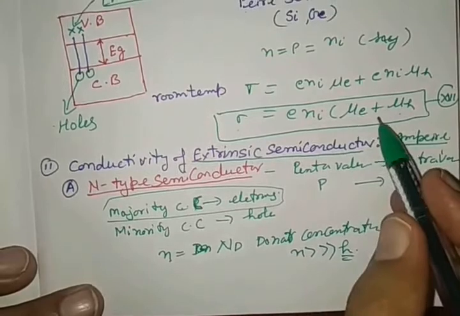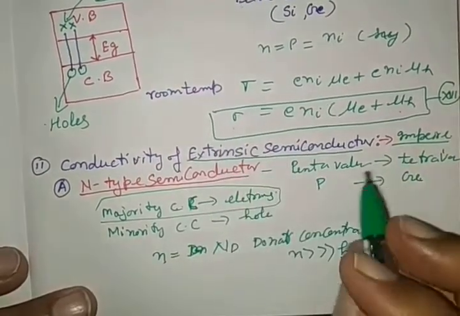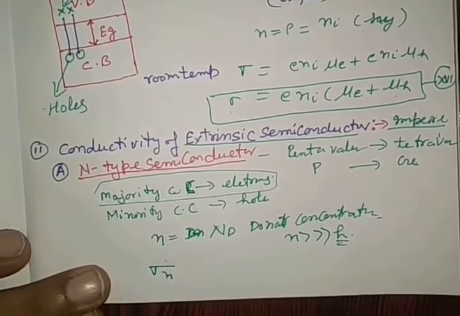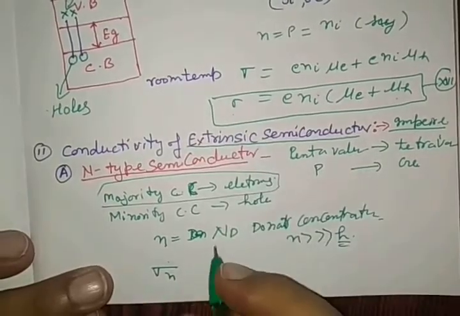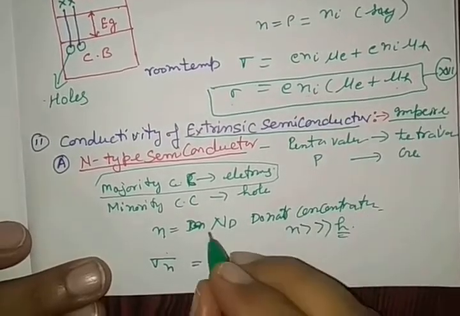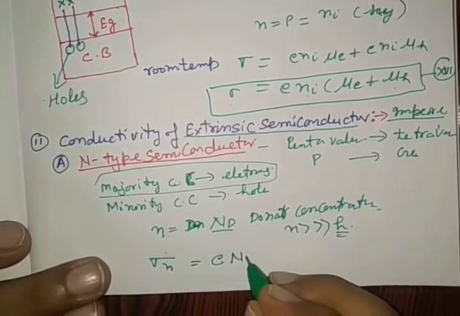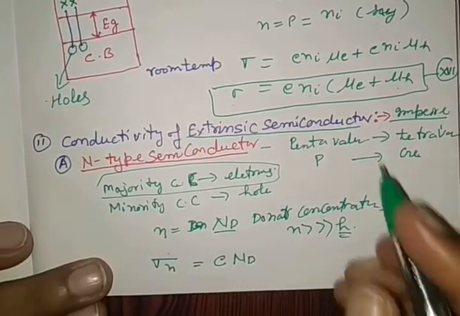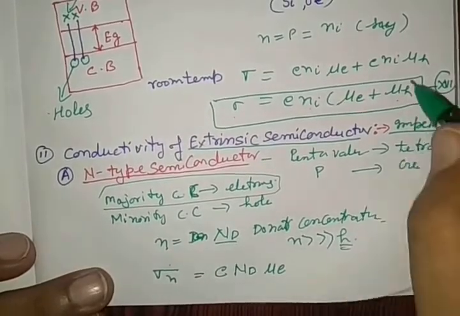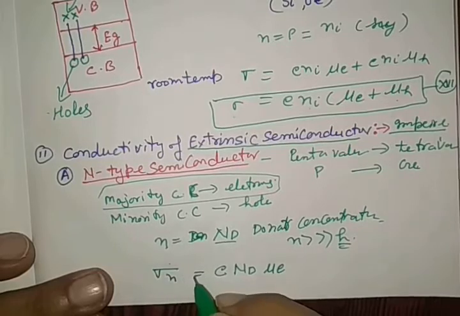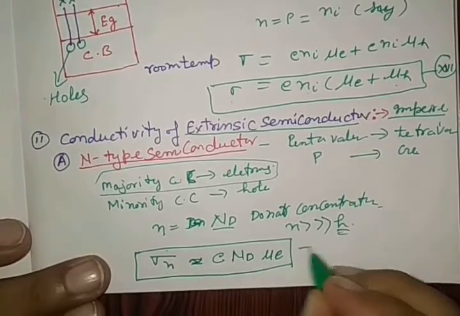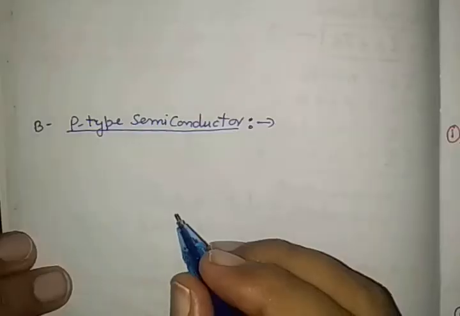The conductivity of an n-type semiconductor, sigma n, is approximately equal to e Nd mu e, where we neglect the number of holes. This is the formula used in the case of an n-type semiconductor.